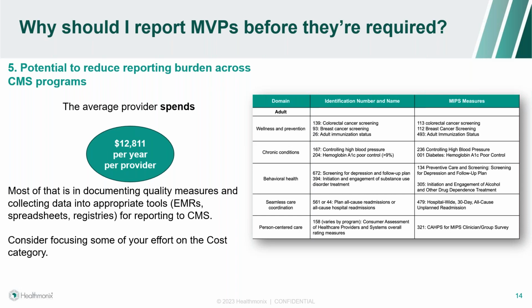So bringing them back together is becoming more and more of a focus, so that if you're reporting a measure like colorectal cancer screening, once you've got that measure set, you can report it not only for MIPS, but for other programs, both within CMS and probably to your private payers as well, for measurement and analysis.